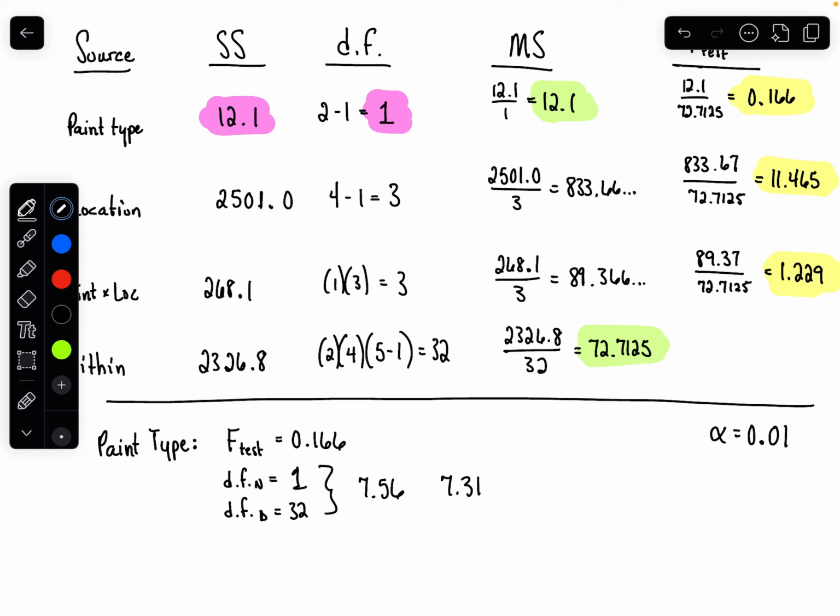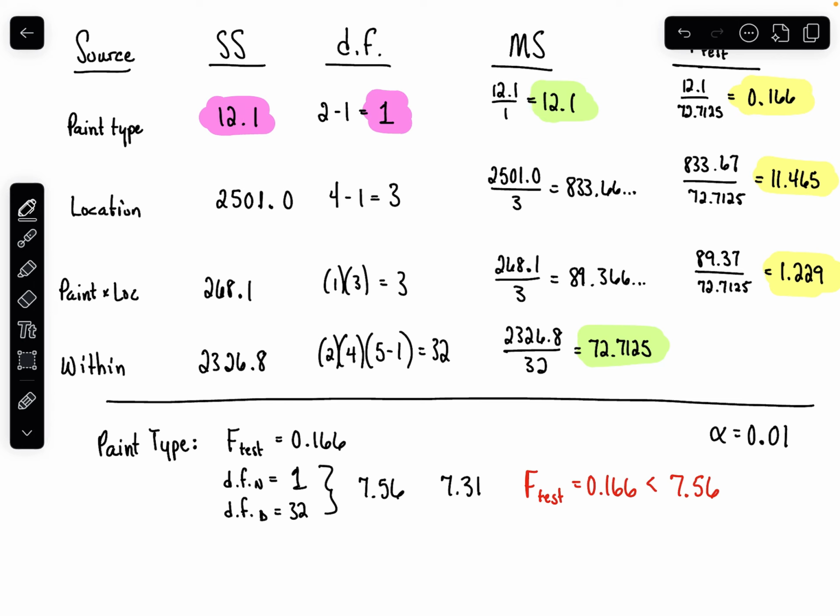However, regardless of which one of these we use, I think it is quite clear that our test statistic is considerably smaller than our critical value. So for the paint type, we would fail to reject.